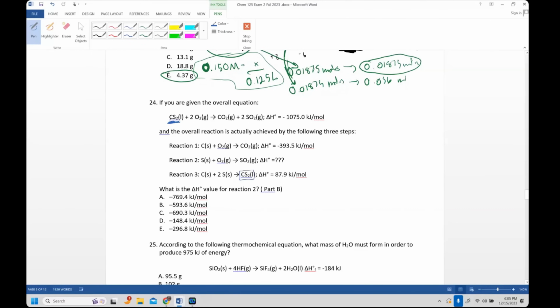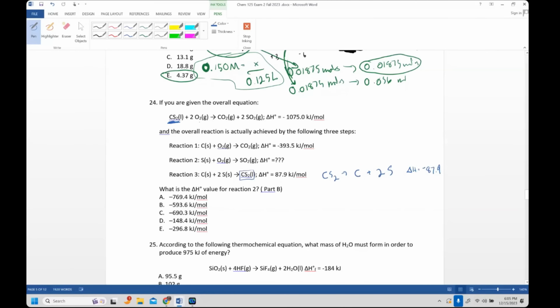We want one of them on the left, and we have one of them on the right. That means this reaction needs to be flipped. So the new reaction is CS2 yields C plus 2S, and our delta H is also flipped, meaning it is negative 87.9.